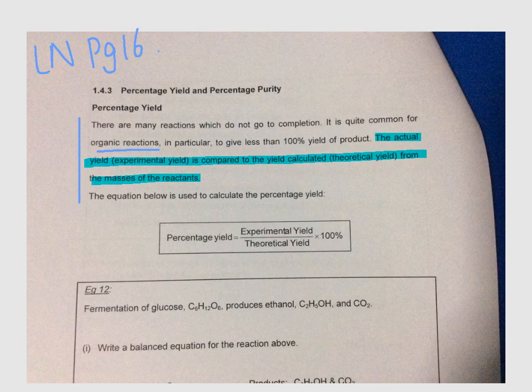After going to the lab and doing the experiment, you will obtain an actual yield of the products that you get. And the theoretical yield is the calculated yield from the limiting reagent. You might want to write over here, calculated is from the limiting reagent, that you calculate using the mole ratio.